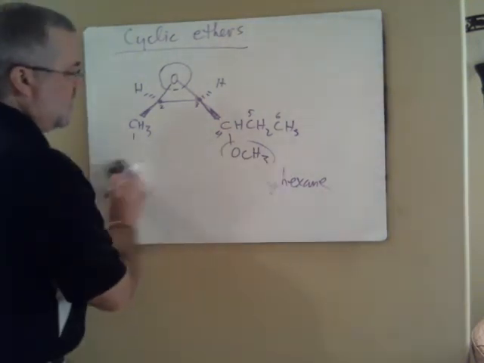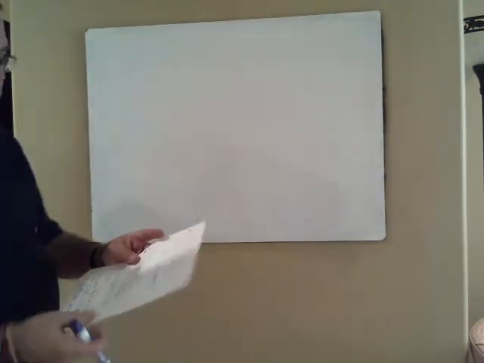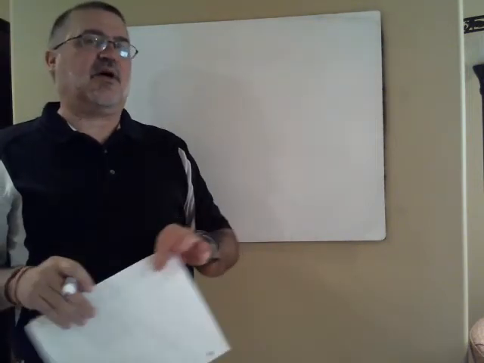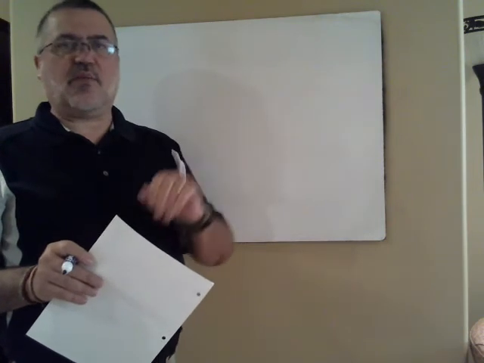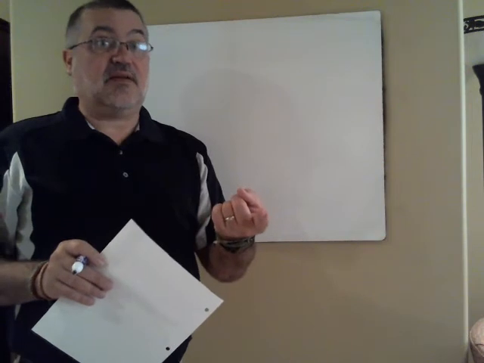It's just not something that we're going to concentrate on, because there are like 6 different ways of doing it. So if your textbook talks about naming cyclic ethers, just normal ethers, don't worry about it. We're only doing acyclic ethers and then epoxides.